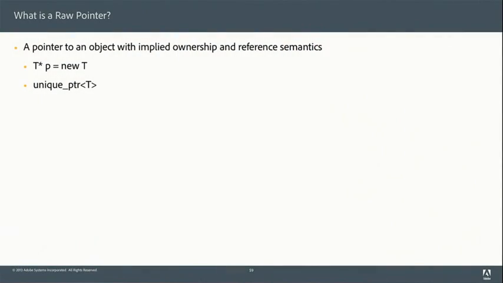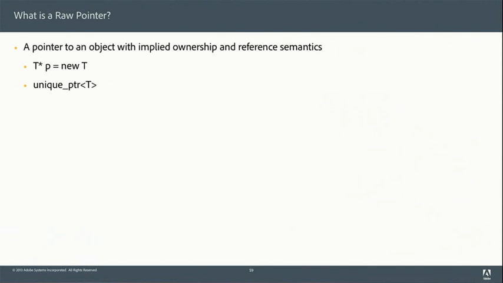Because when I say no raw pointers, right, I mean a pointer to an object with implied ownership, okay, and reference semantics. So this is a pointer to an object with implied ownership, right? Somebody's got to delete this thing through P. Okay? But this is also a pointer with implied ownership.